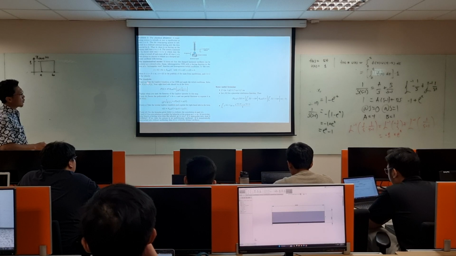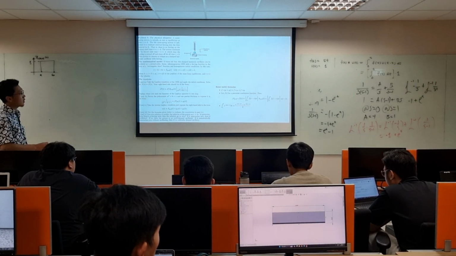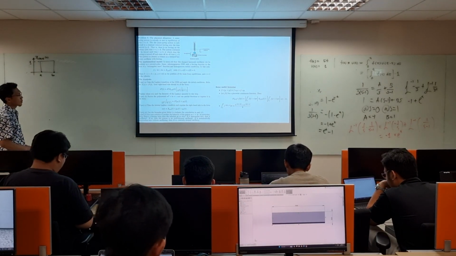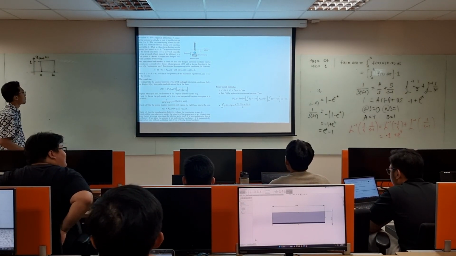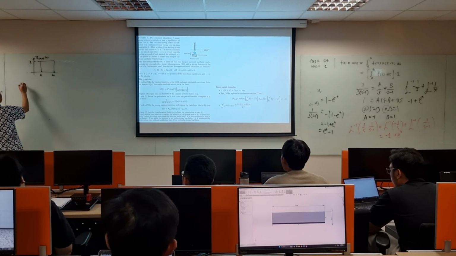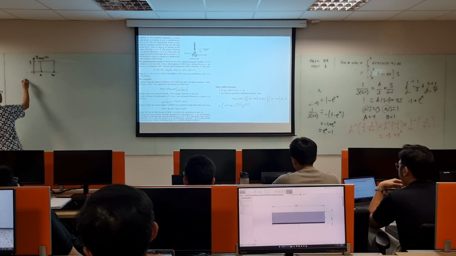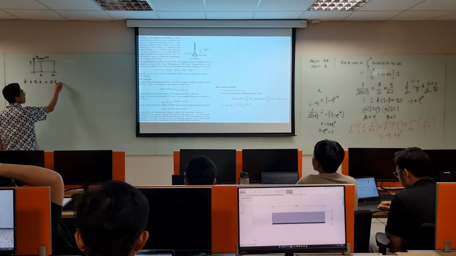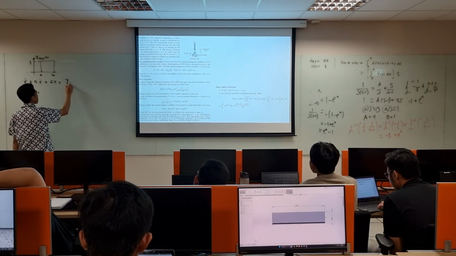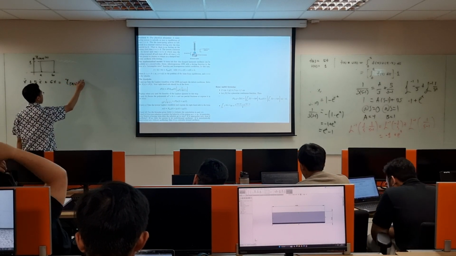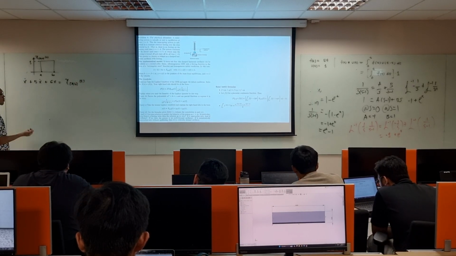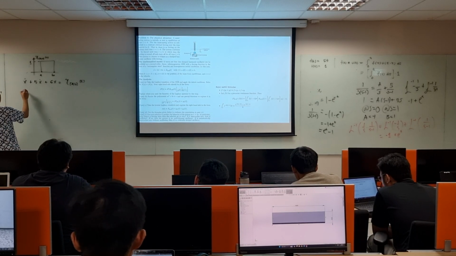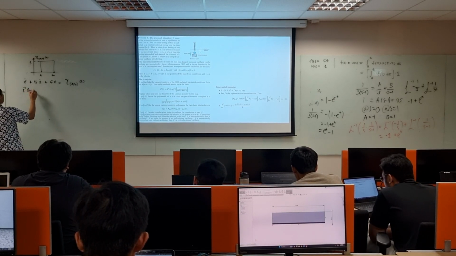The first step you have to take is take Laplace transform of the ODE. So you have x double dot plus 5x dot plus 6x. Take Laplace transform of the ODE: s squared X(s), and so on.